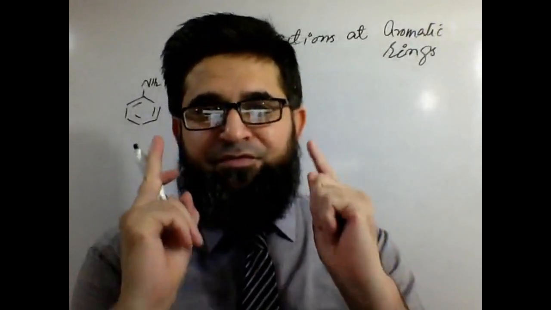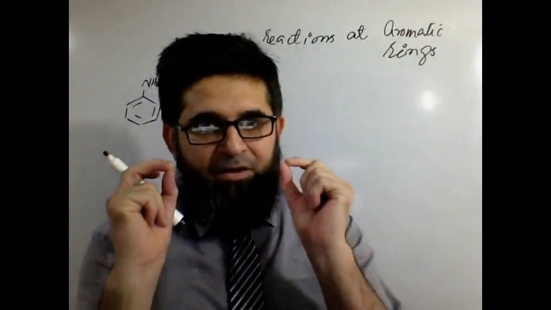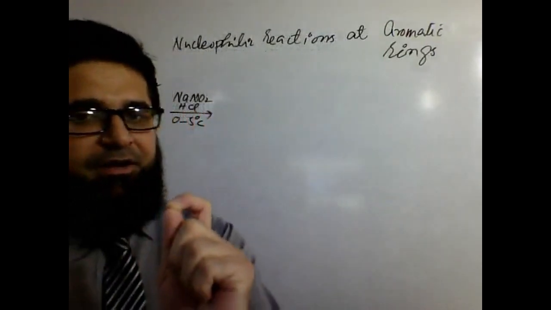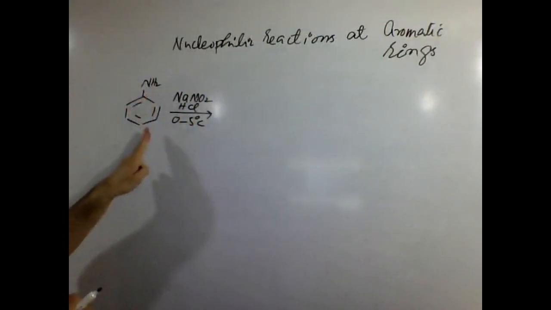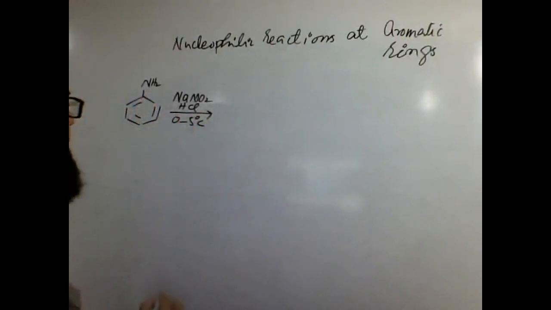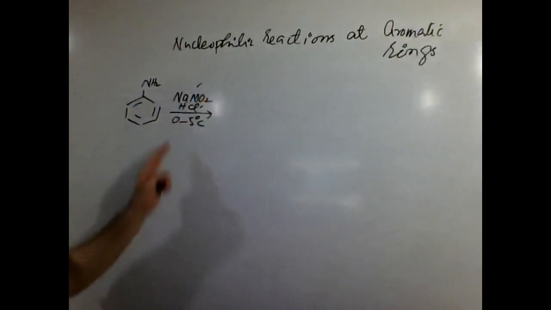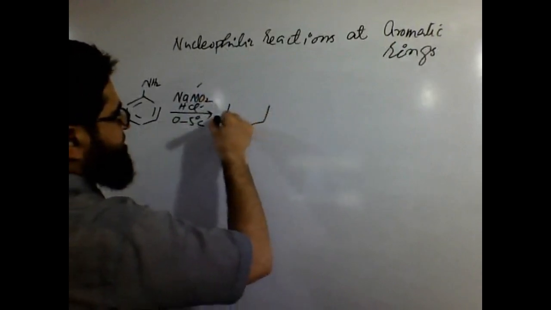I've given you a very specific lab activity related lecture where aromatic amine, especially aniline, has been converted into respective diazonium salt. So where we used sodium nitrite and HCl, we kept the temperature 0 to 5 degree. What happened over there?